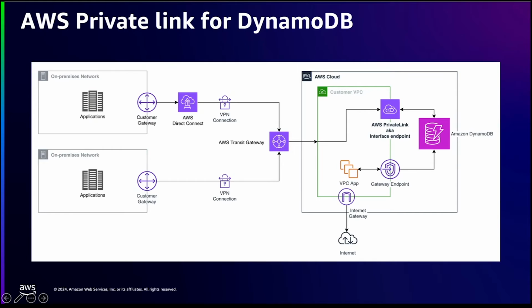Before the launch of PrivateLink, to connect gateway endpoints via private network connectivity, customers had to set up proxy servers or firewall rules to route and restrict traffic to DynamoDB because gateway endpoints are not compatible with Direct Connect or AWS VPN.